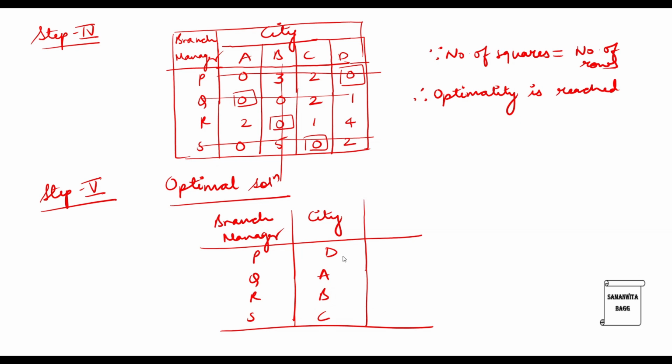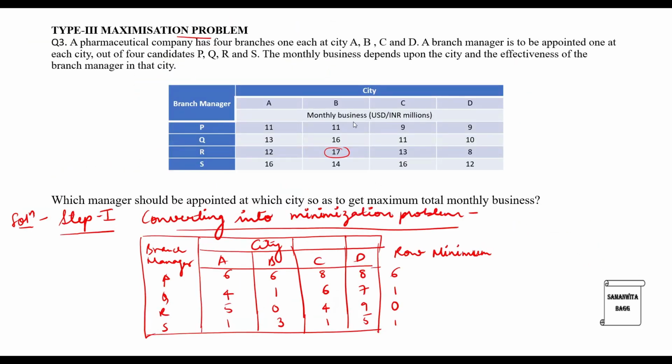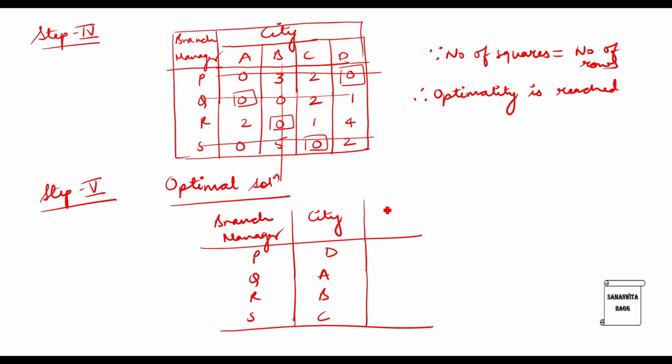So at these positions you need to check the value of monthly business which is being done. So if you see, this is P at D, so the value will be 9. Then you had Q, A, so this is 13. R is at B, so this is 17. And S is at C, so this is 16. So I'll write here, this is monthly business.